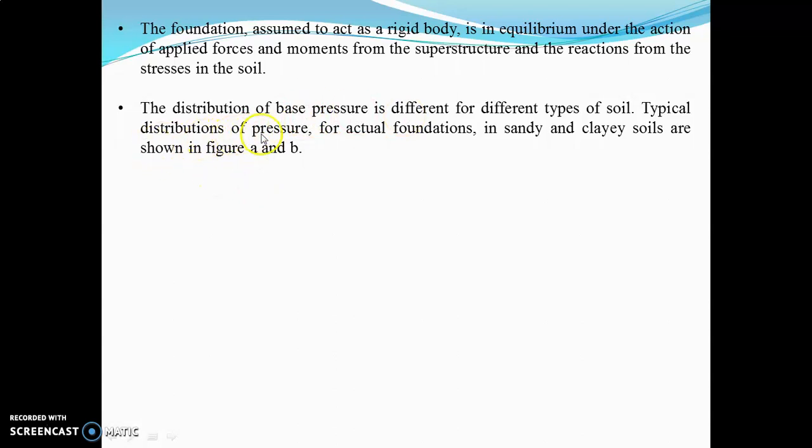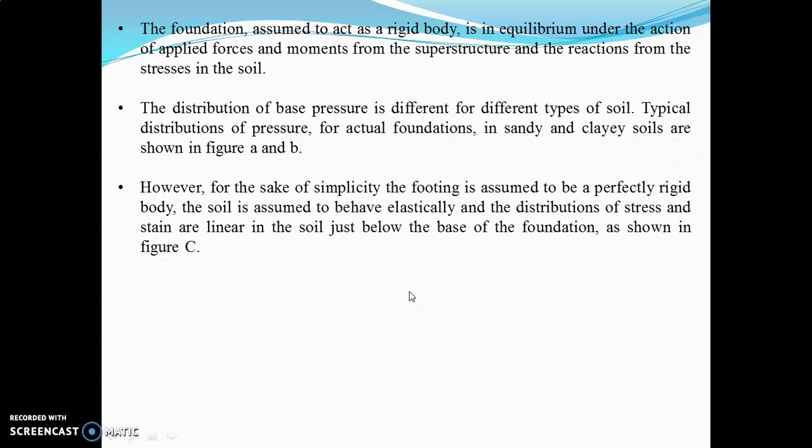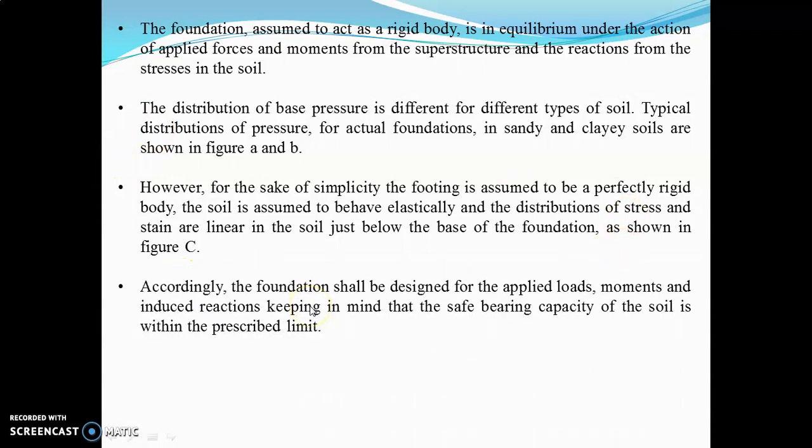Typical distributions of pressure for actual foundations in sandy and clay soils are shown in figures A and B. However, for the sake of simplicity, the footing is assumed to be a perfectly rigid body. The soil is assumed to behave elastically, and distributions of stress and strain are linear in the soil just below the base of the foundation, as shown in figure C.